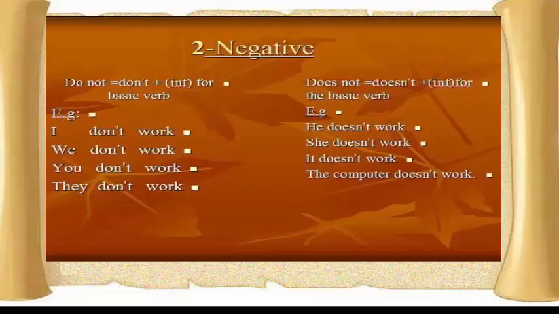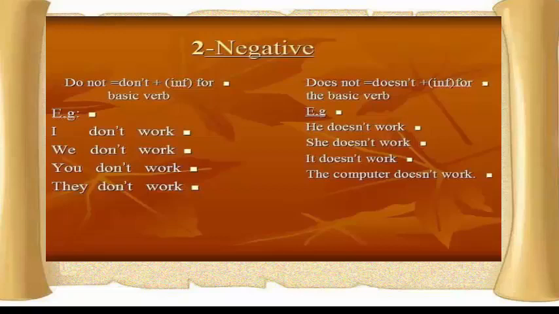The first rule says the verb without s with I, we, you, they, so we need to use don't. When I make a negative sentence, I say I don't work. We don't work. They don't work. This is for I, we, you, they.